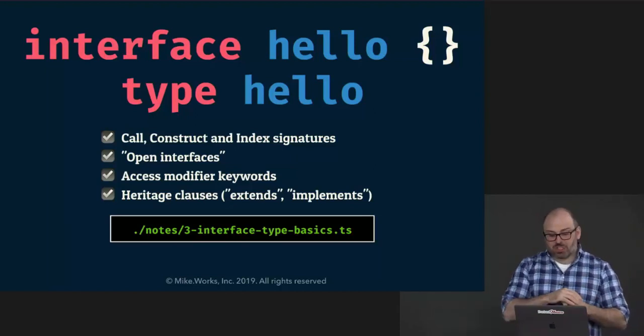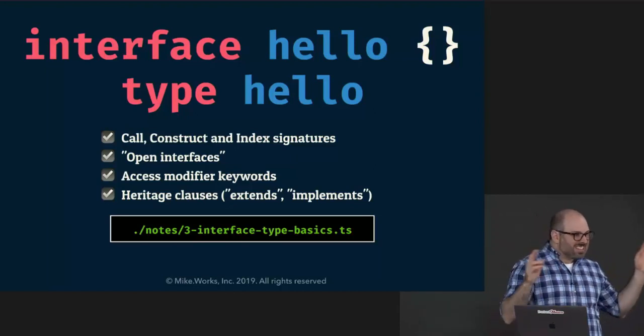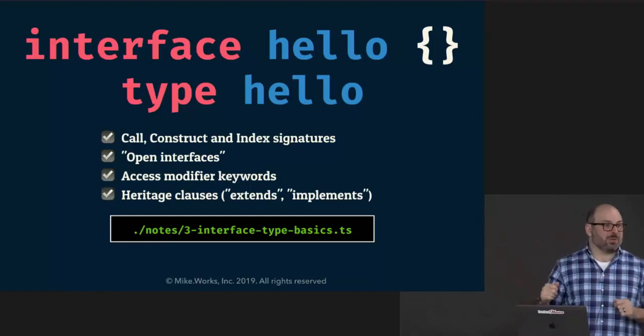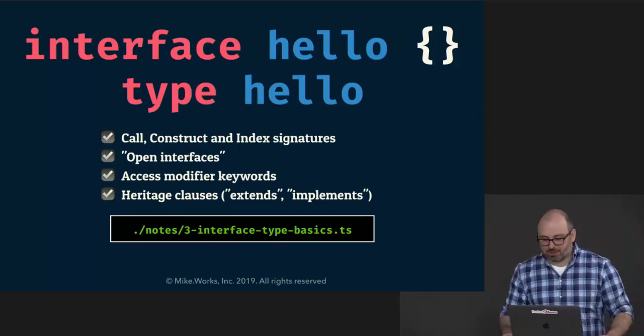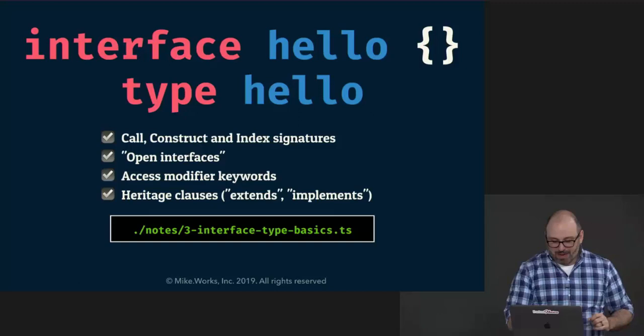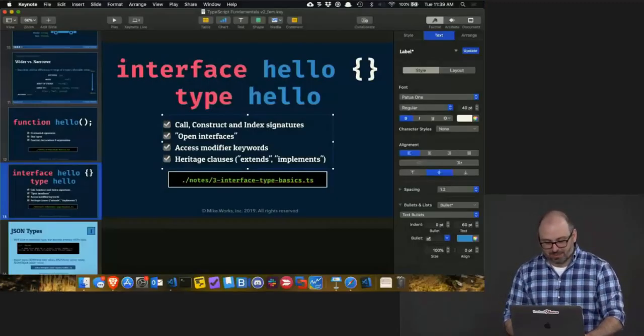And finally, we'll touch on heritage clauses, which is just a fancy name for extends, right? You're used to extends from JavaScript classes. There's a new one called implements that comes with TypeScript. So we'll open our notes to the page that starts with 3, interface and type basics.